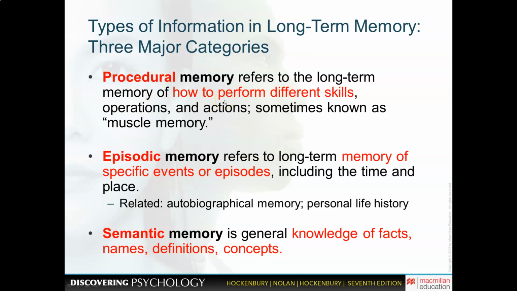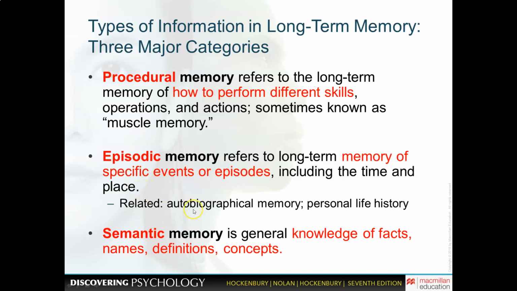I just want to bring your attention, see how I elaborated upon that? That's what you need to do: come up with your own examples and your own elaborations. That'll help you memorize this much better. The second type of information is episodic. Episodic refers to memory of specific events or episodes, including the time and the place.